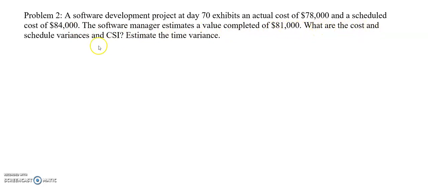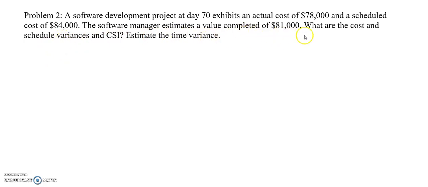What are the cost and schedule variances and cost schedule index? Estimate the time variance. Okay, so in this problem the total project time is 70 days, and the actual cost is $78,000.